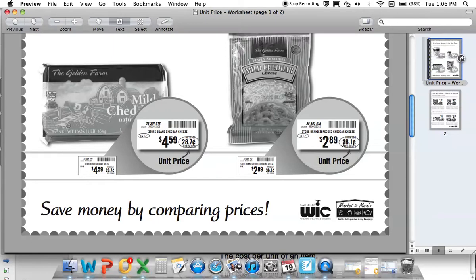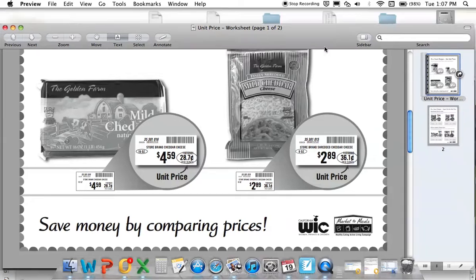But you wouldn't really know it unless you were to compare the unit price, because they have different amounts in them, okay? So this one has 16 ounces versus 8 ounces. So you can't really compare unless you're comparing them to the same measurement. In this case, they do it per ounce for both of them. That way, you're basically weighing your options with the same amount of cheese.